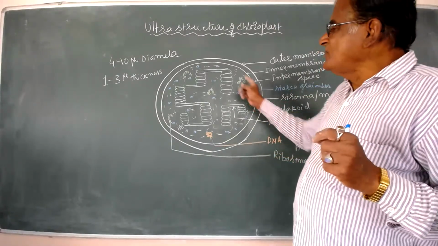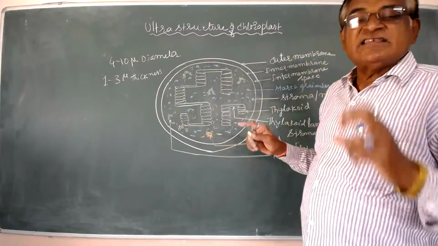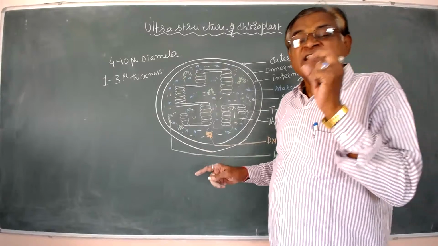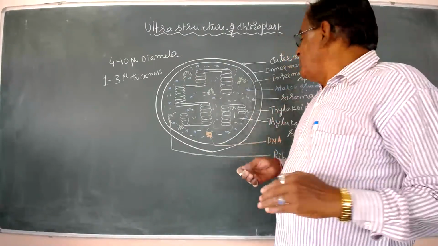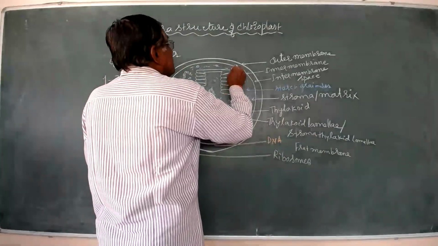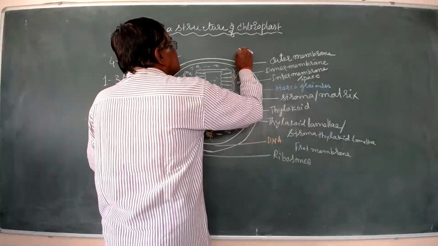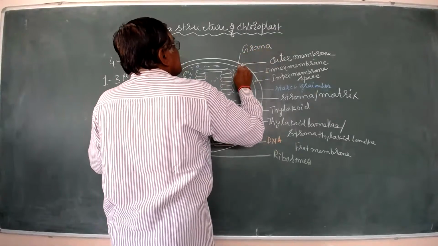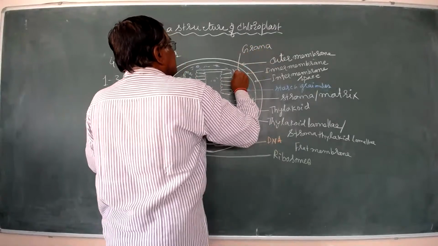Inside the stroma you will find disc-like structures placed one above the other. They are called grana.